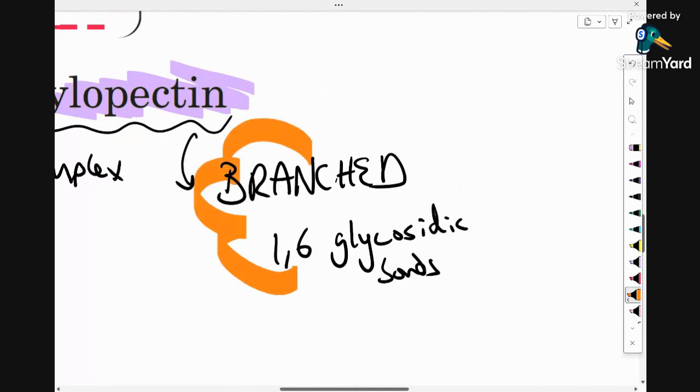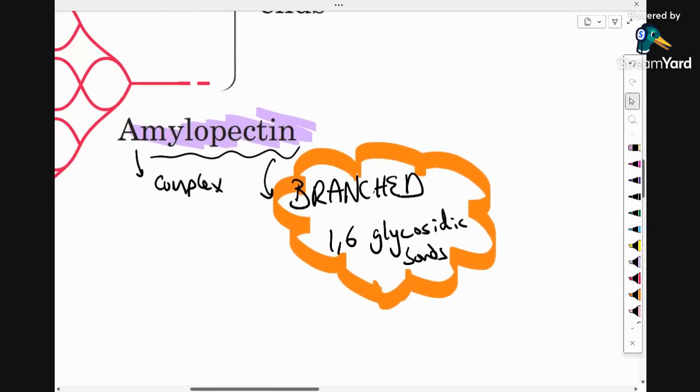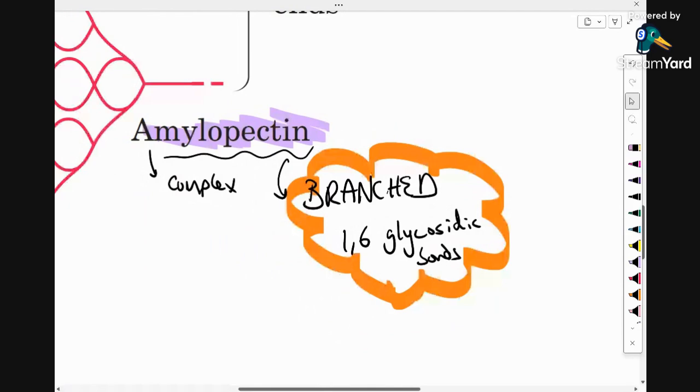Essentially, branching is useful to the plant for the same reasons as glycogen: lots of free ends for lots of enzymes to bind to and hydrolyze the 1,4 glycosidic bonds, then release glucose for respiration, for ATP. And you need ATP for lots of things in a plant, like transport and active transport of minerals and ions into root hair cells.